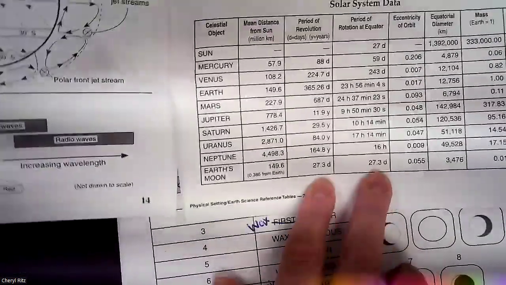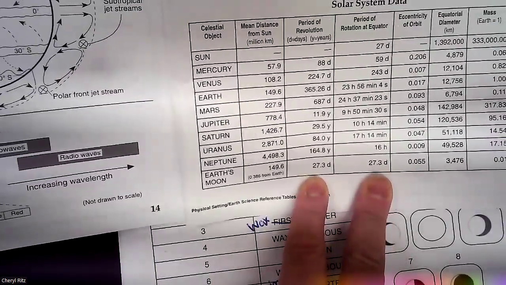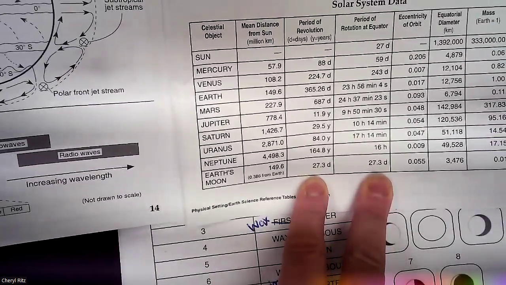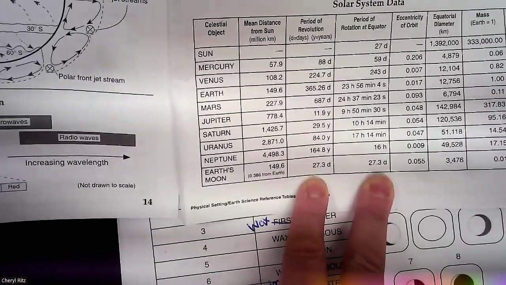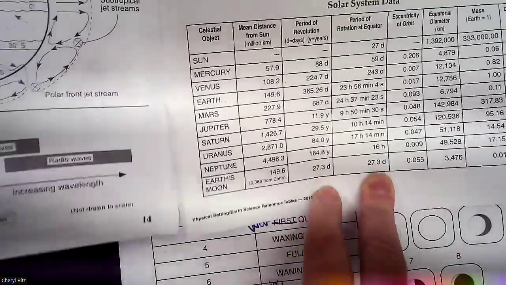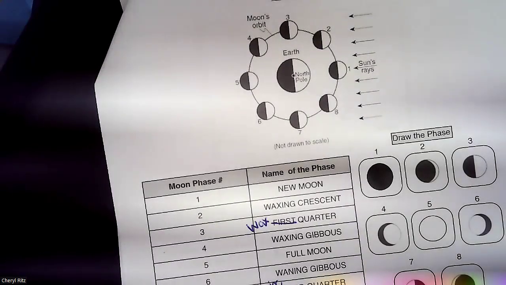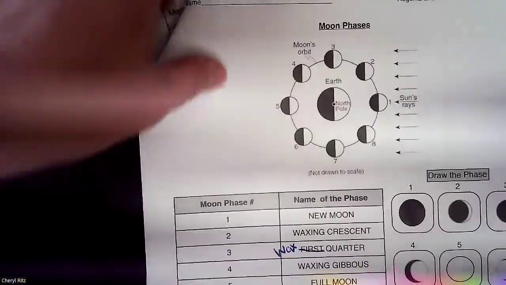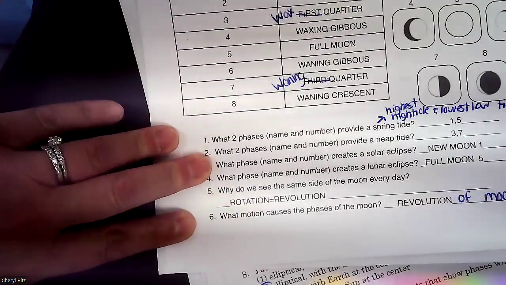Fun fact, take a look at the moon's rotation and revolution speed. They're the same. That was what I just did. My rotation was equal to my revolution around you. So why do you only see one side of the moon? Because the rotation and the revolution are equal. So number 5, rotation and revolution are equal.